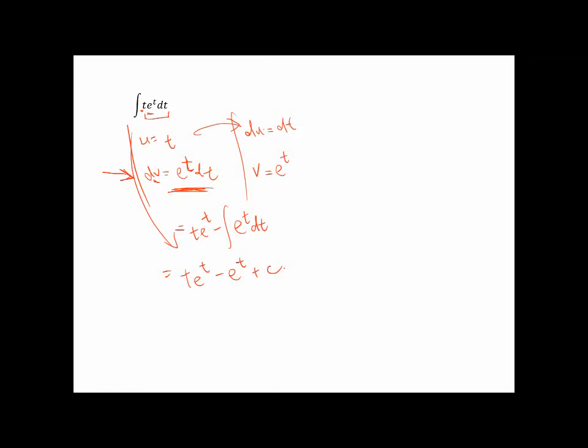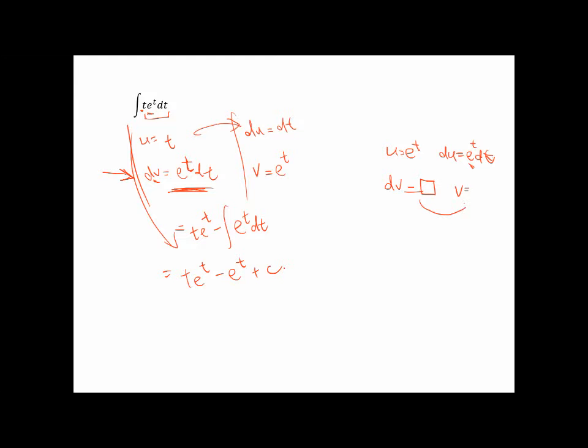The reason is, if I put u equals e to the t, I surely say du is still itself, still e to the t, but dv is going to be what's left in the question.